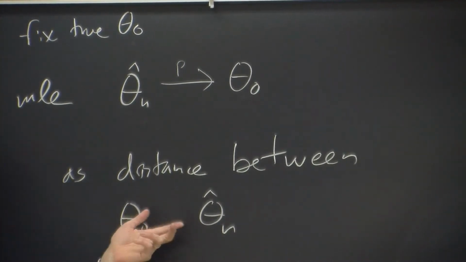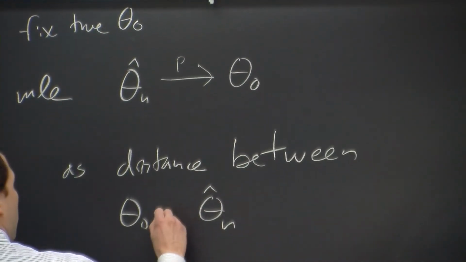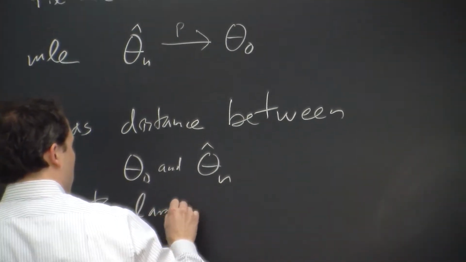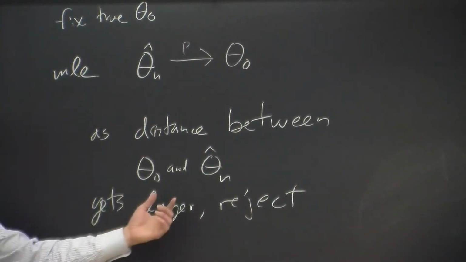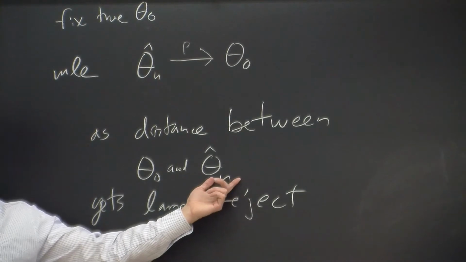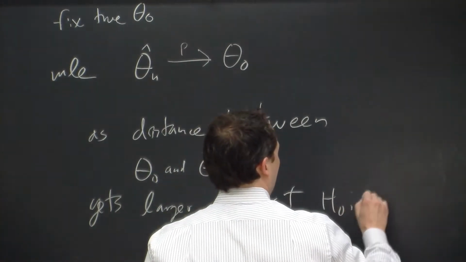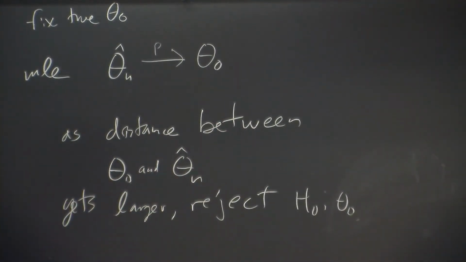If n is very small, then it's not true. So as this distance gets larger, we reject, right? Or in other words, we form a confidence interval around this thing. Right? These are totally equivalent points of view. So reject H0, theta naught is the truth, right?